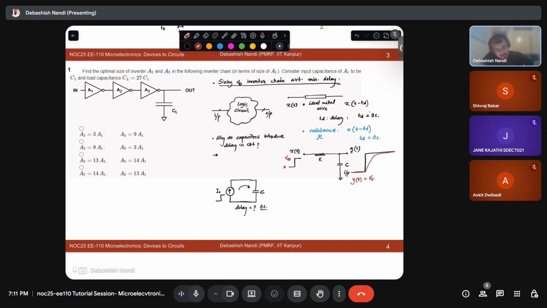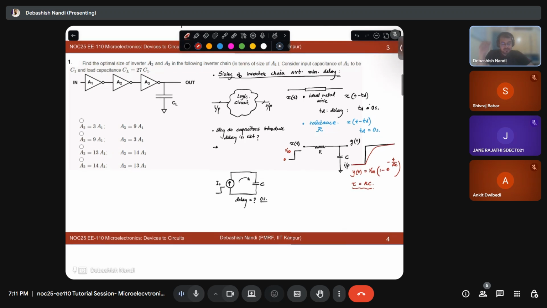So Y(t) will be VDD times (1 minus exponential of minus t over RC). And the delay or time constant you quantify as R times C. This is the time where your output reaches 1 over e with respect to the input. Fine. So you need to have a resistive as well as a capacitive element in the circuit. So that is the basic concept.